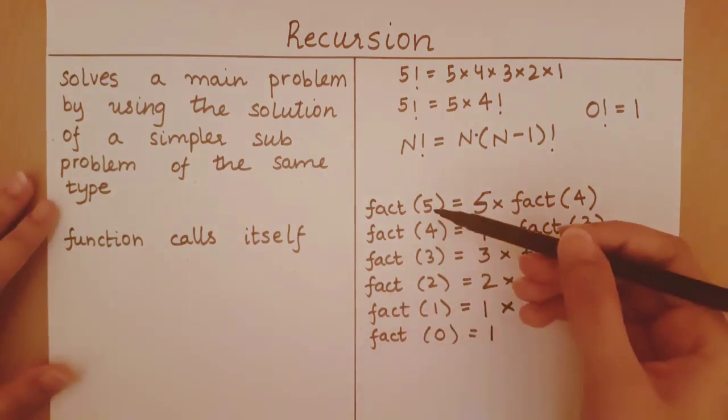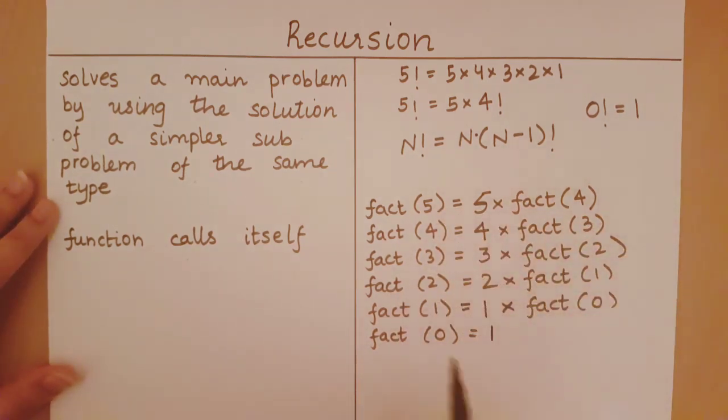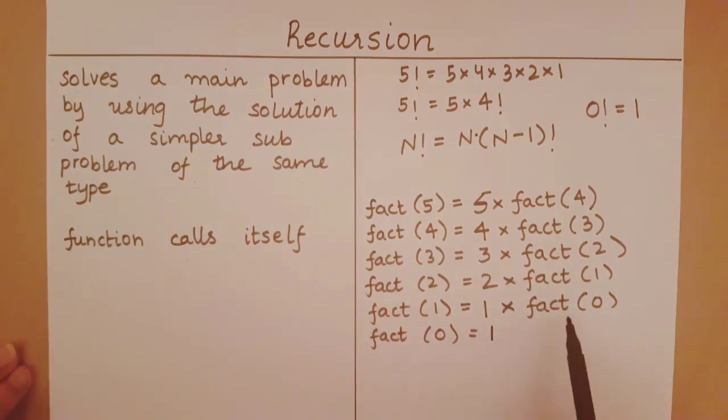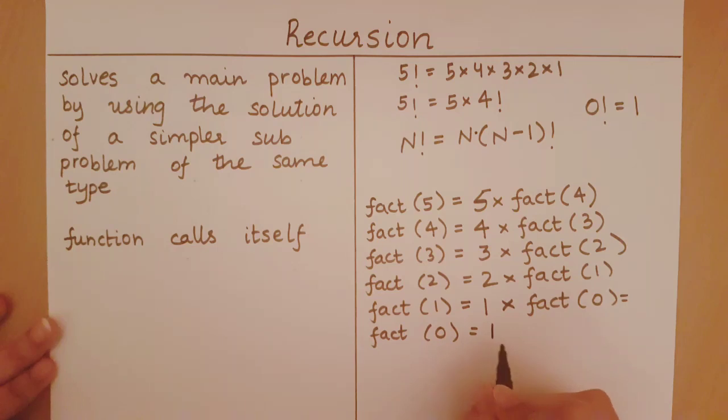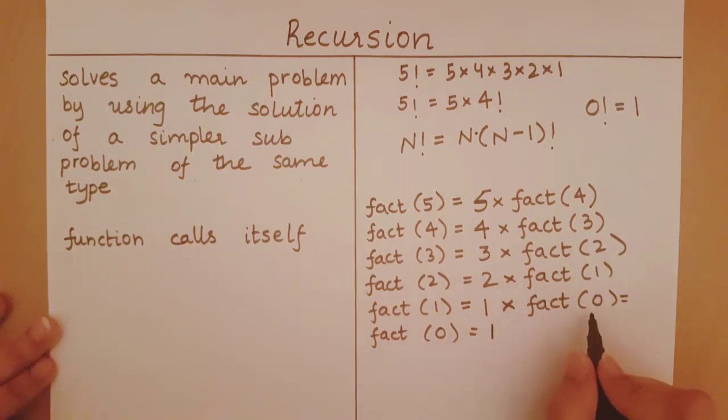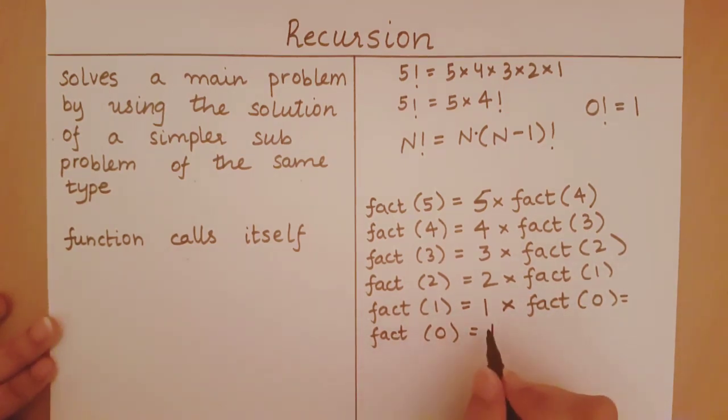So now we have gone on reducing the problem size, we have reached 0, and we have a conclusive answer for this simple function. So now that I know that factorial of 0 is 1, I can substitute this in the previous function call. So in this function call, I will say that 1 into factorial of 0, and I know that factorial of 0 is 1.